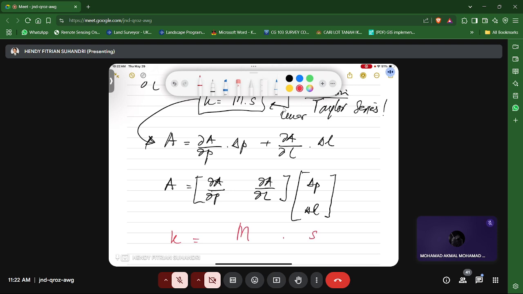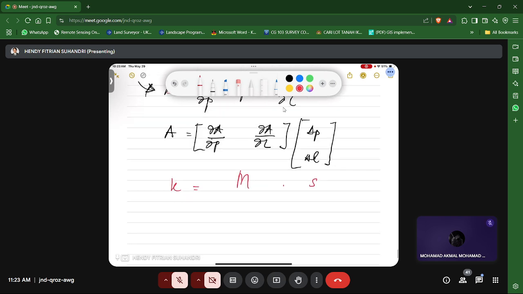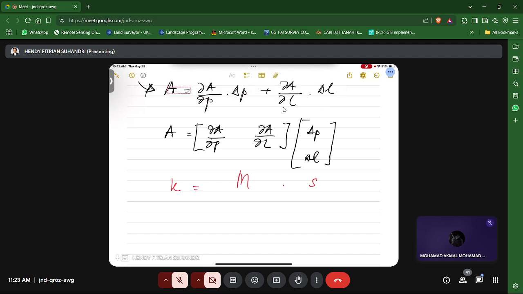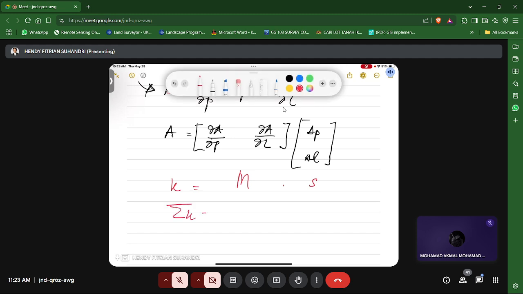Then I can write this equation as K equals M times S. Of course, Gulov said that sigma K equals M times sigma S times M transpose.